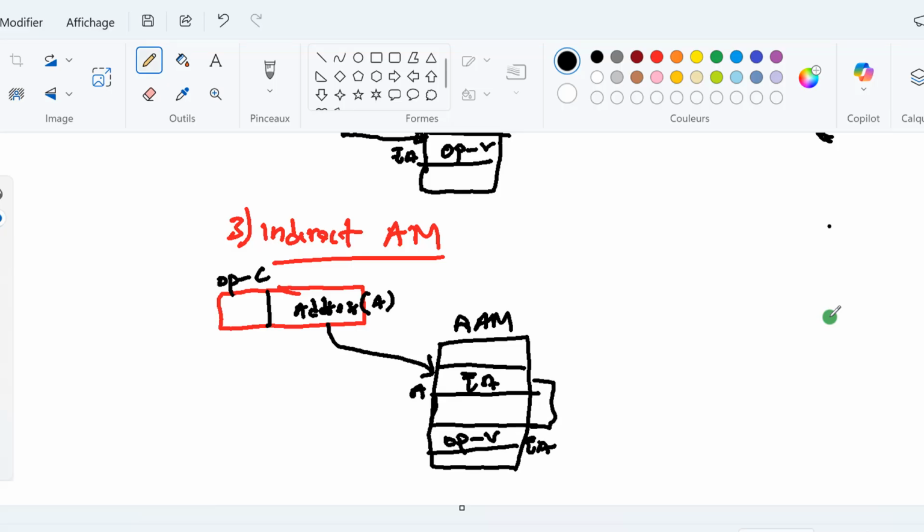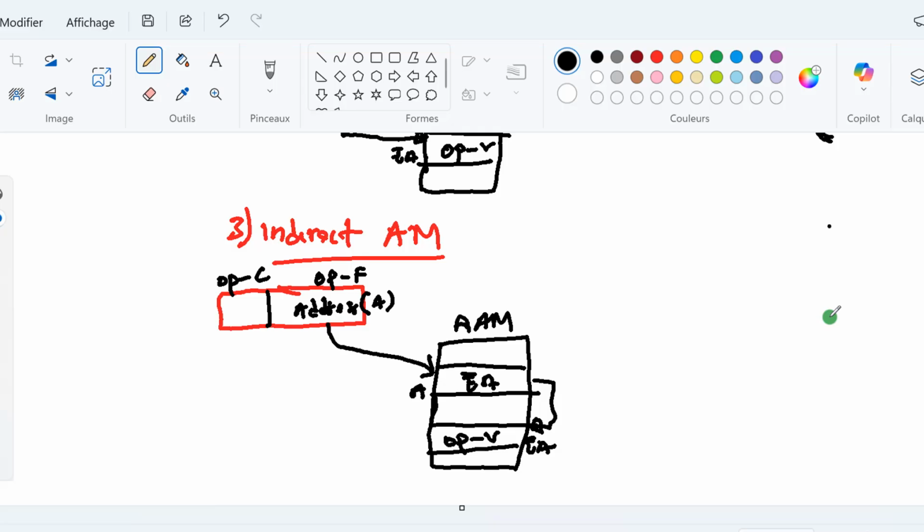So the first thing you realize here is that we are accessing the memory twice. How to define this is very easy. Indirect addressing mode is a type of addressing mode where the operand field stores the address of the effective address where the operand value is stored.